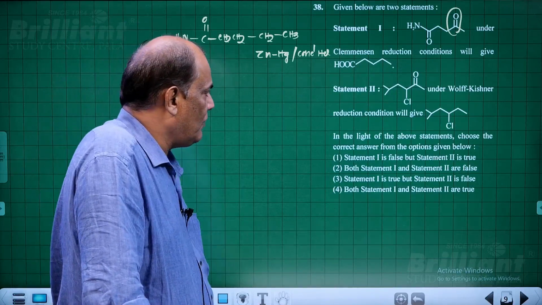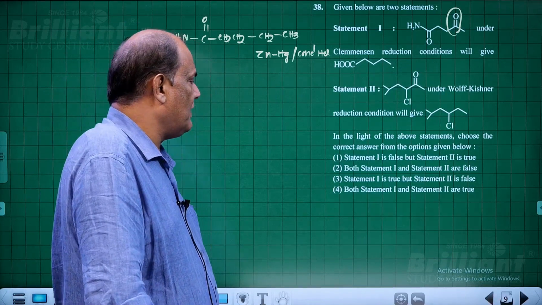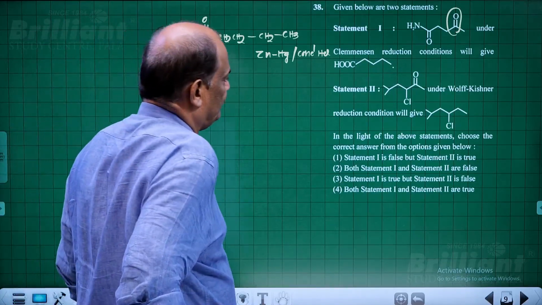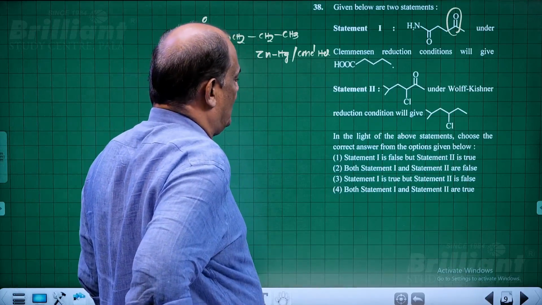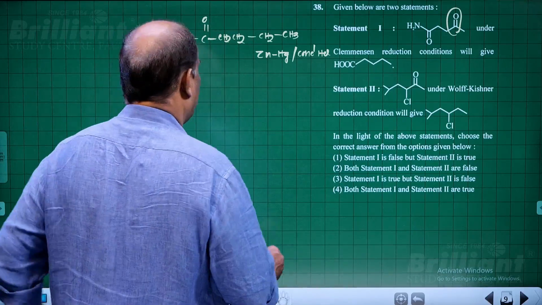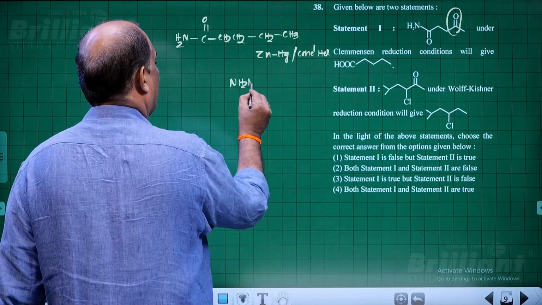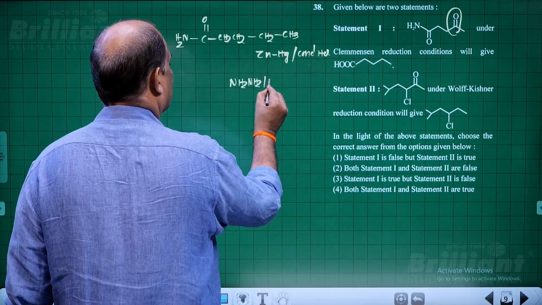Statement 2: under Wolff-Kishner reduction conditions will give this. So this is wrong, because Wolff-Kishner reduction uses hydrazine with OH minus.